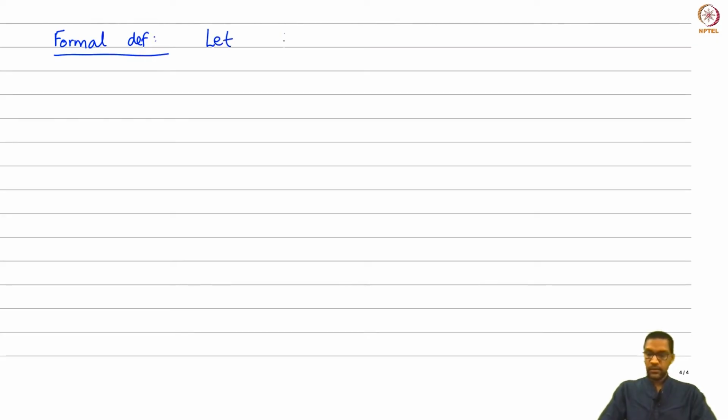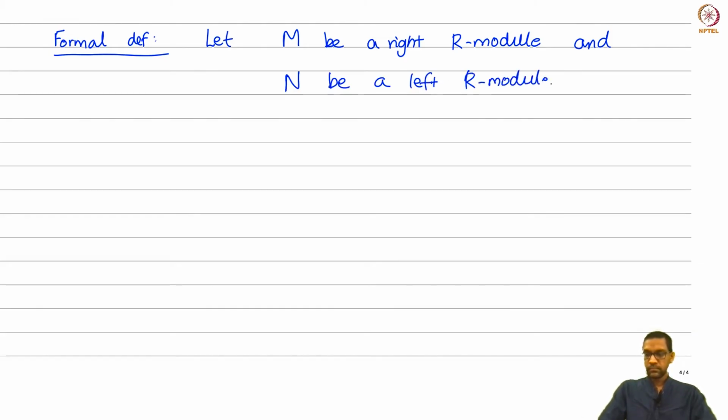Let M be a right module and N be a left module. Okay, a tensor product of M and N is a pair, again like in the case of Z modules.